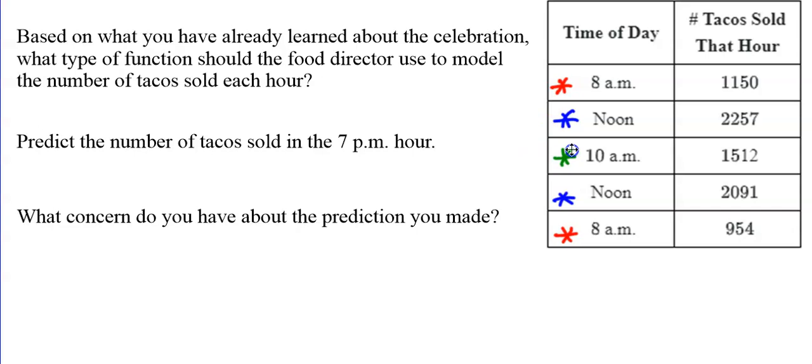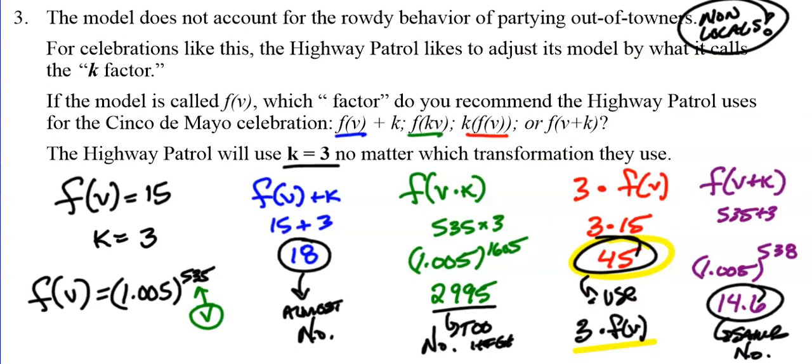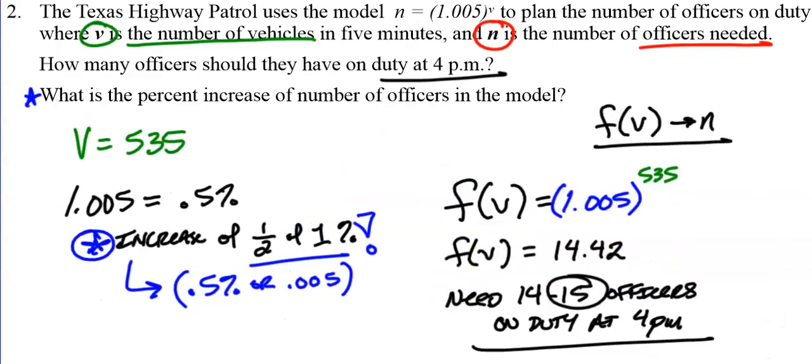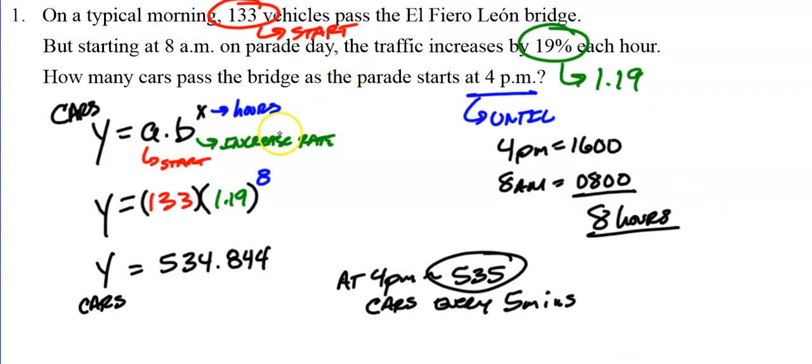Based upon what we've already learned about the celebration, what type of function should the food director use to model the number of tacos? If we look back at what the police used, it increases by 19% each hour.